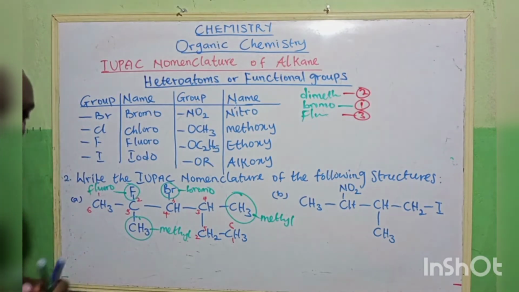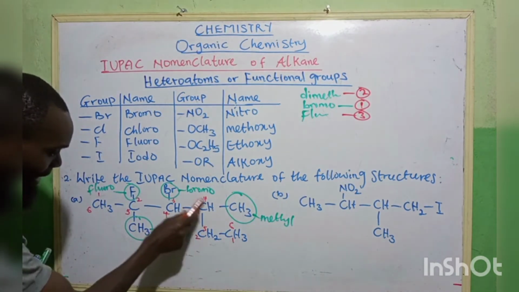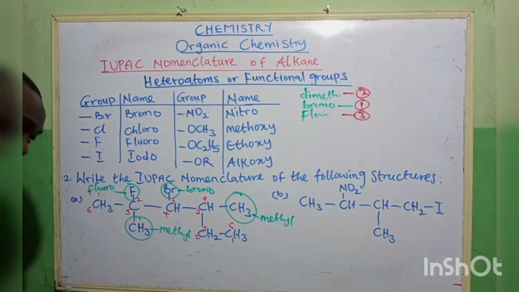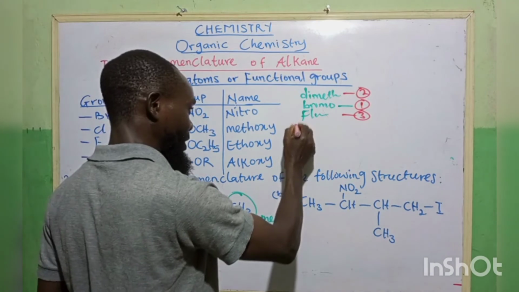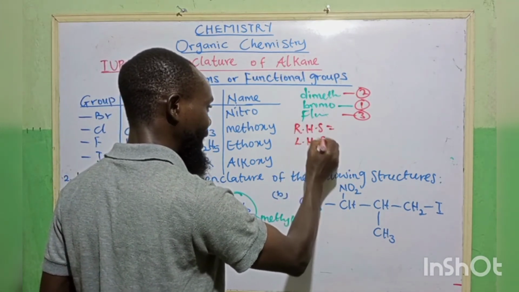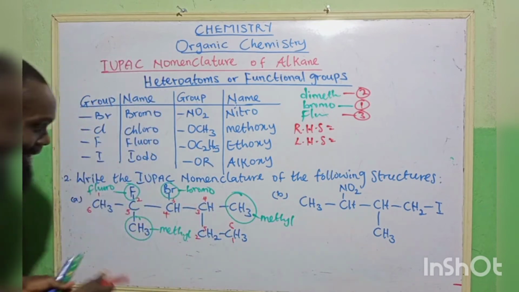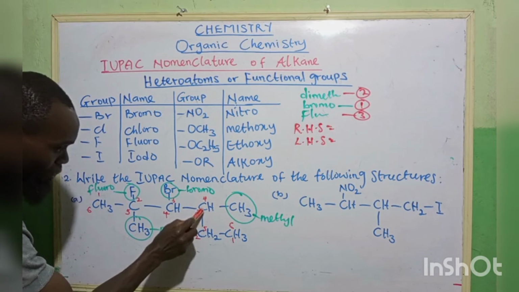Now, after then, we look at where we are going to start from. Is it from the right hand side or from the left hand side? Let's consider a simple calculation. Right hand side and left hand side. For my right hand side, I have 1, 2, 3. This one is joined to the third carbon.